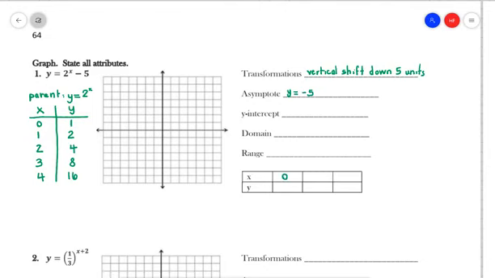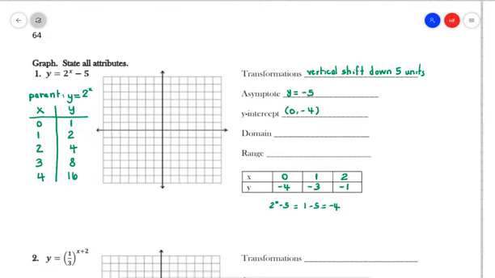If x is 0, we have 2 to the power of 0 minus 5. 2 to the power of 0 is 1, minus 5 is negative 4. Another way we can find those values is looking at our parent function and moving them 5 units down. So 1 goes to 2, move 2 five units down, we're at negative 3. 2 goes to 4, move 4 five units down, we're now at negative 1. So our y-intercept occurs at 0, negative 4.